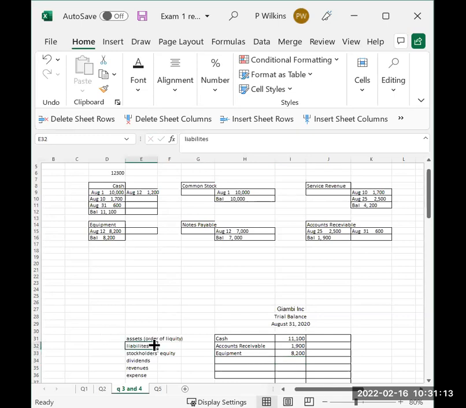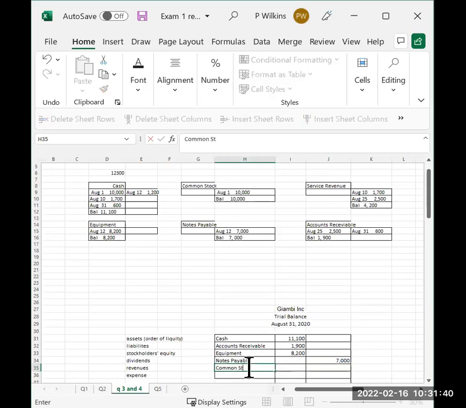Okay. So we have no more assets, so then we would go to liabilities. What do we have for liabilities? Well, we have one liability. We have notes payable. And notes payable has a credit balance of 7,000. No more liabilities. So then we would go to stockholders' equity. We see we have common stock of 10,000.